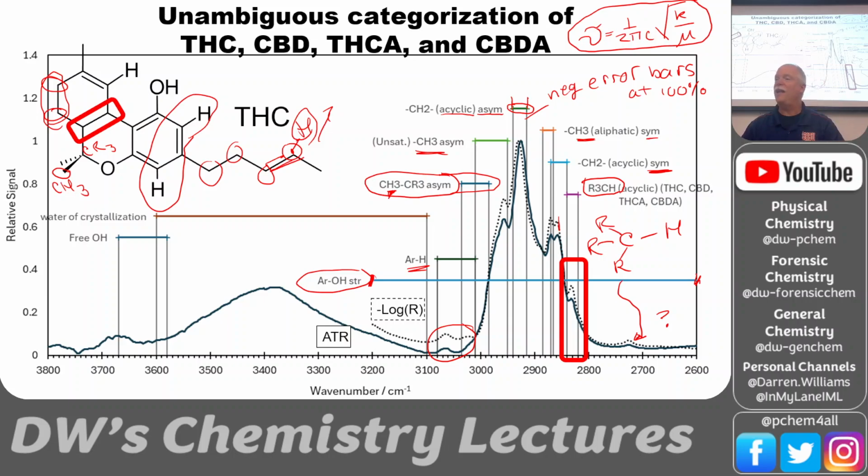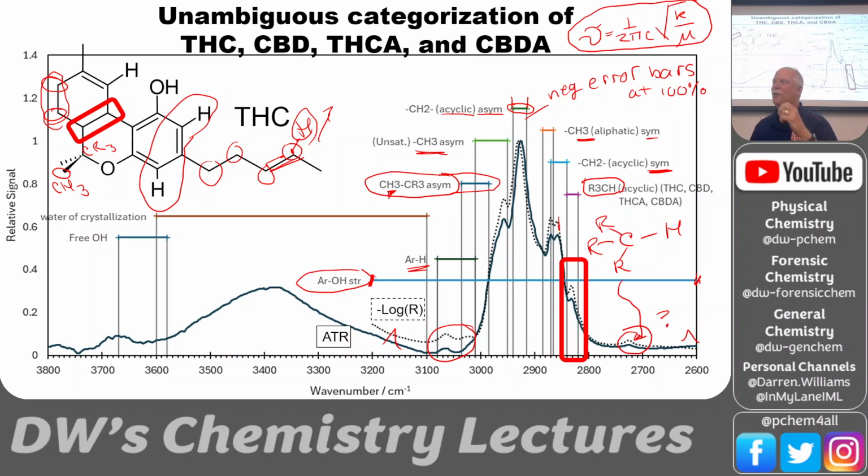So yeah, it could be down here, this peak, or it could be way up here. Some compounds it's way up here, other compounds it's way down there. For our compound, this might be it. Okay.